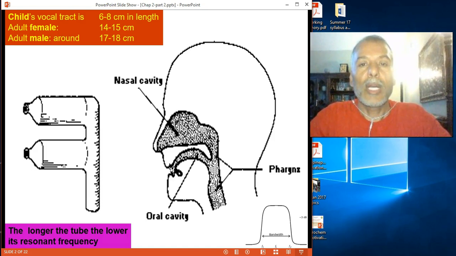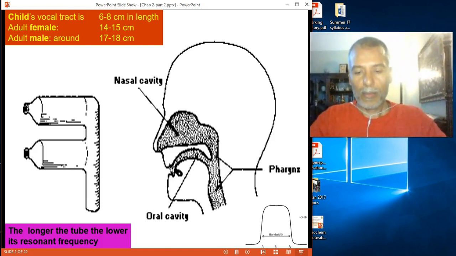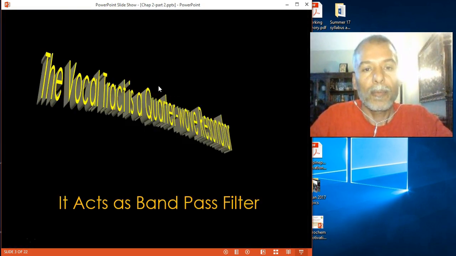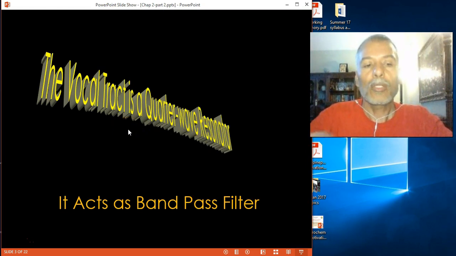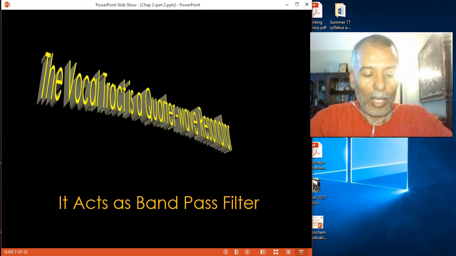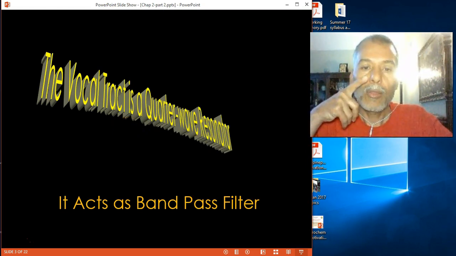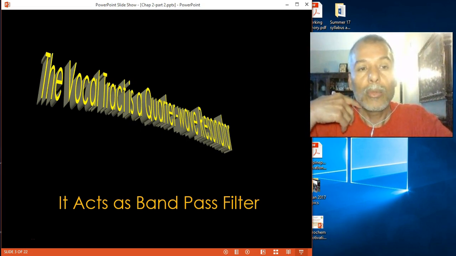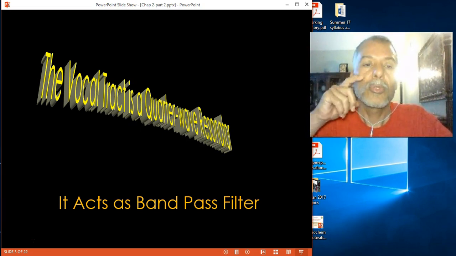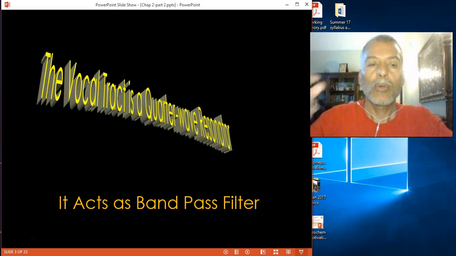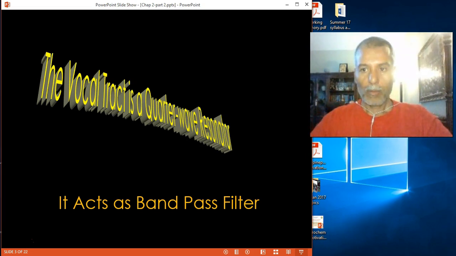We will figure out how to calculate resonant frequency when you are given these values. So let's look now at the vocal tract and how we can calculate it. If you know the length of it, and we will of course give you clues, then you will be able to know the resonant frequency of that vocal tract.